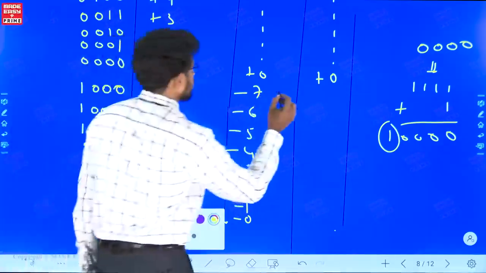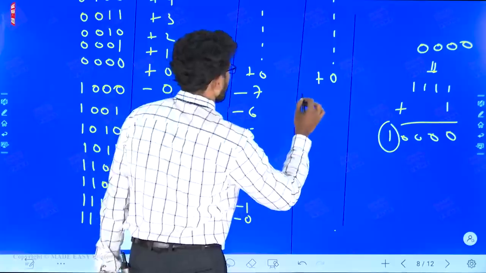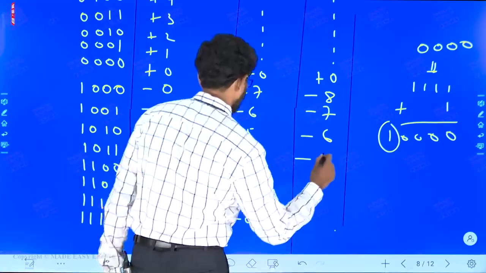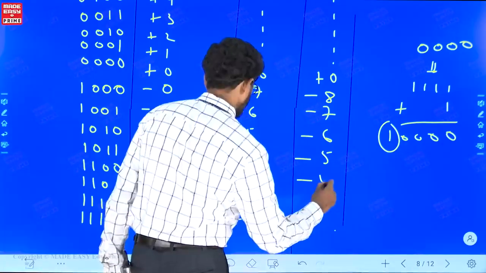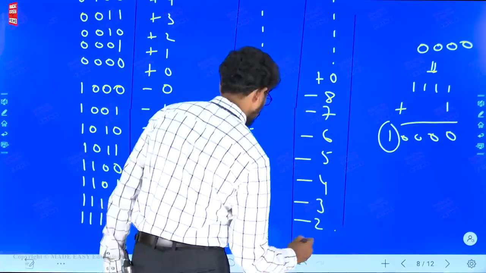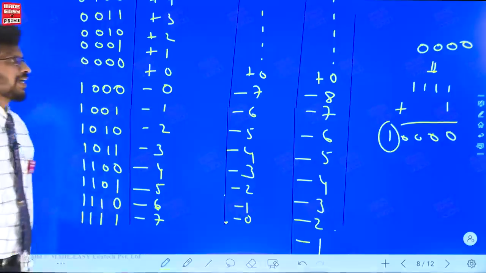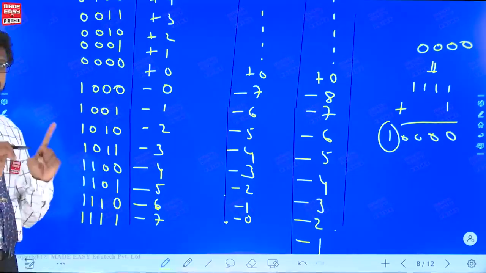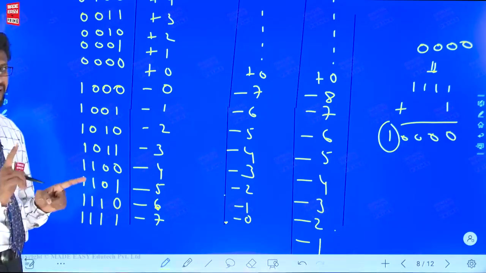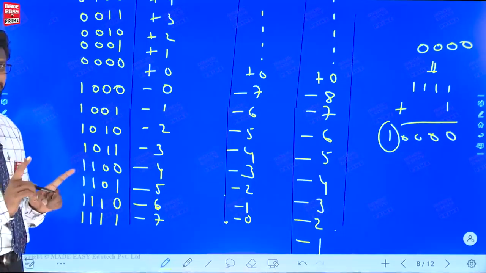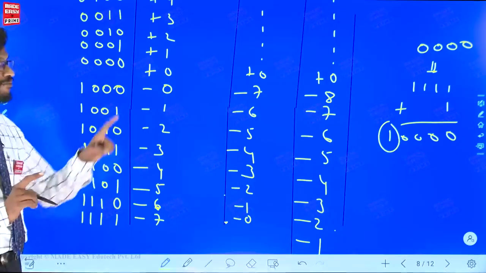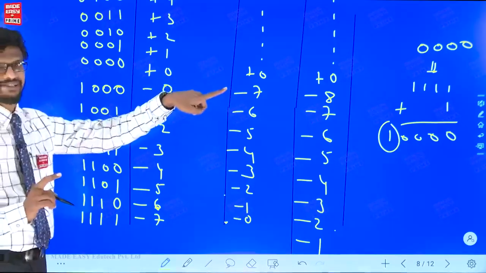So, this is actually equivalent to minus 8, minus 7, minus 6, minus 5, minus 4, minus 3, minus 2, minus 1. It means that in the 2's complement representation, you didn't get the range of minus 7 to plus 7. You got a range of minus 8 to plus 7.